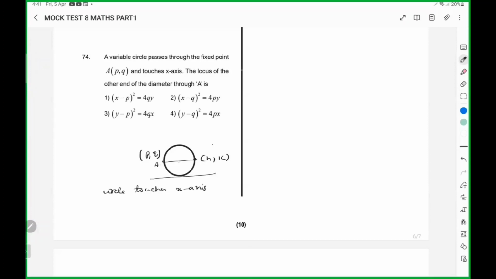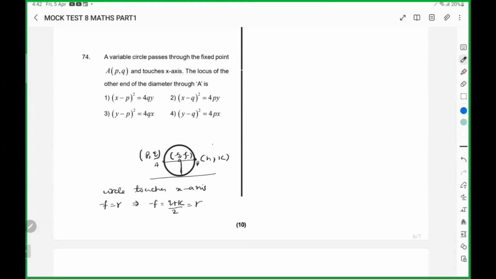Then the center is minus g, minus f, that is minus f equal to radius. That is P plus h by 2 comma, here minus f, which implies minus f is nothing but the midpoint of Q plus k by 2, which is equal to the radius.